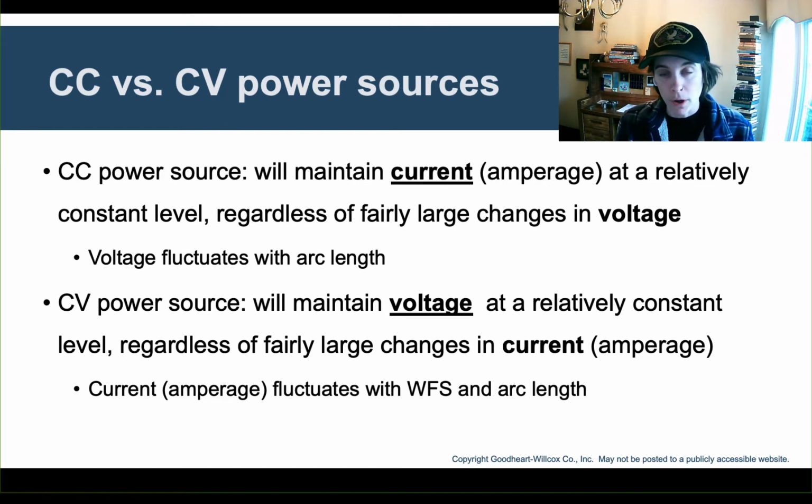When you're MIG welding, your gun can go up or down. You can change the angle. Different things are happening when you're welding, but your machine is going to maintain the voltage that you told it to maintain regardless of what else changes. So we are using constant voltage machines for MIG welding, or for GMAW.